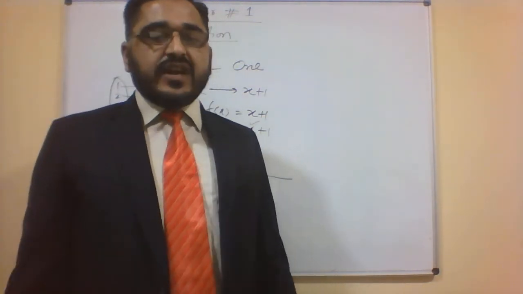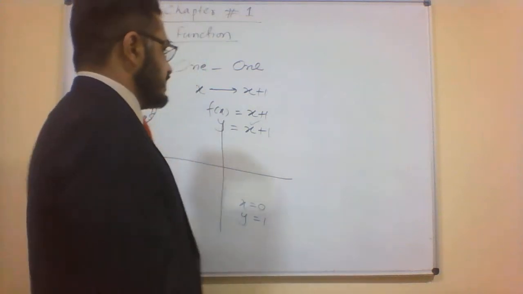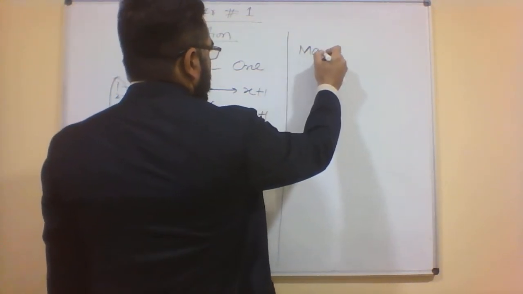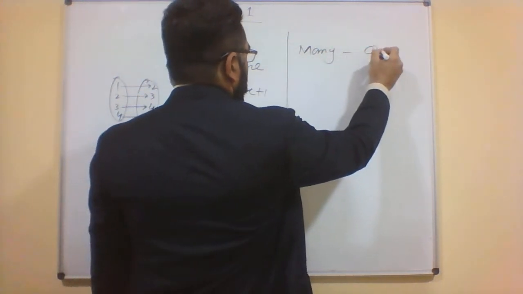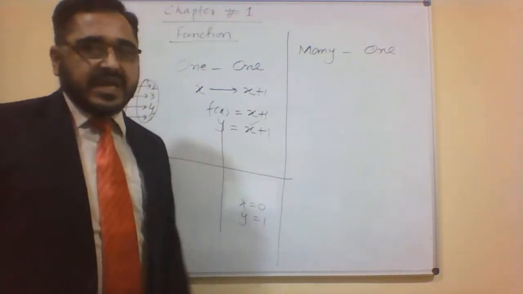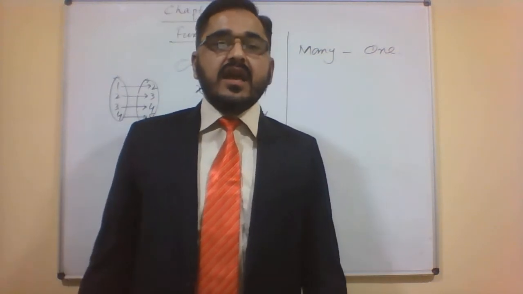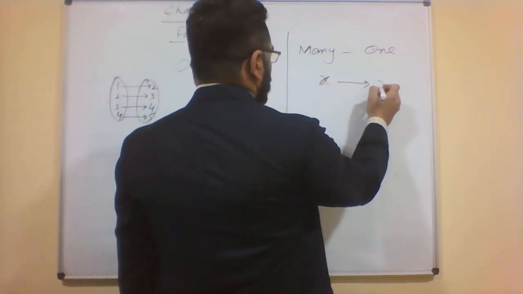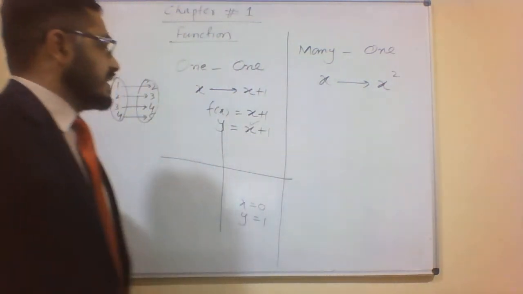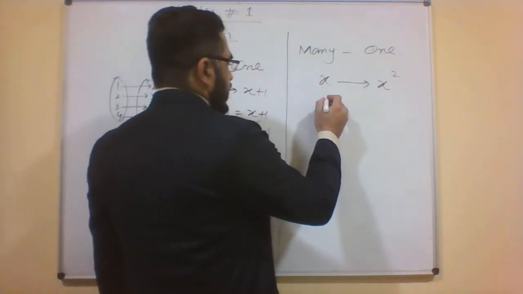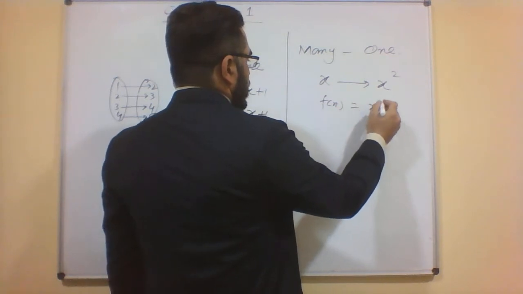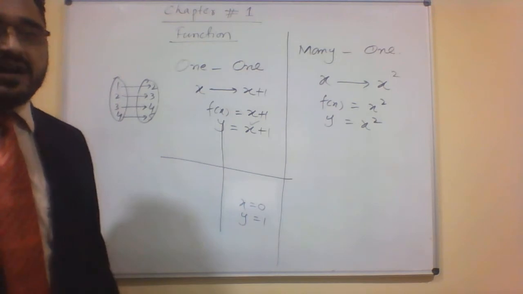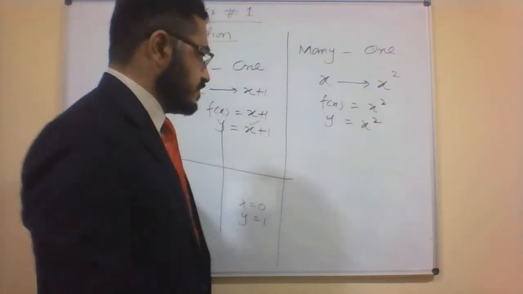Now next one is many-one. For many-one I can give you the example x to x square, or f of x equal to x square, or y is equal to x square. Here we will take different values of x.